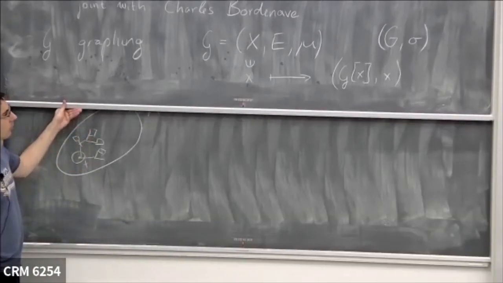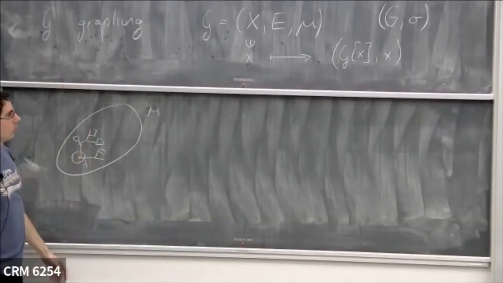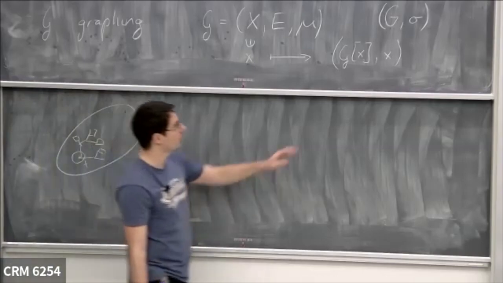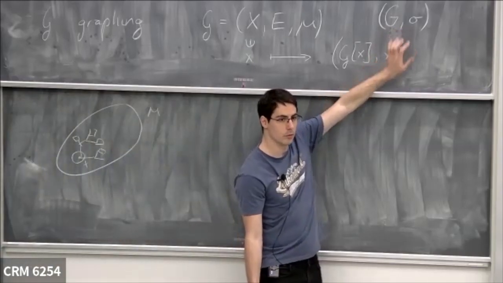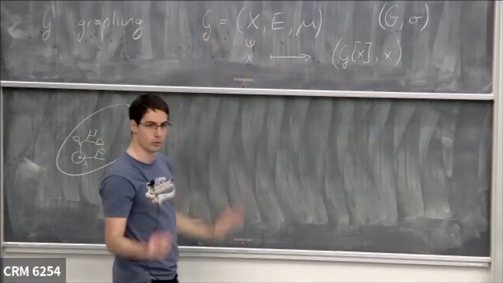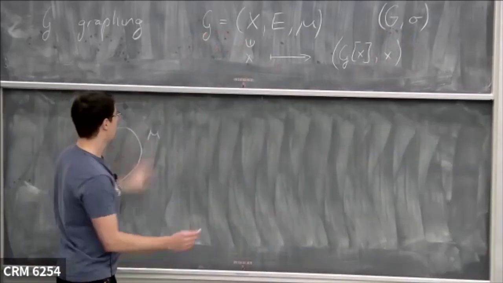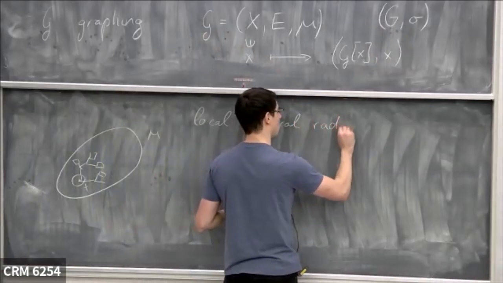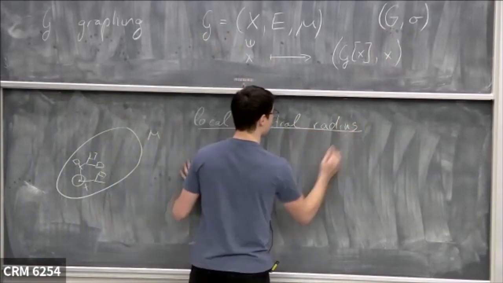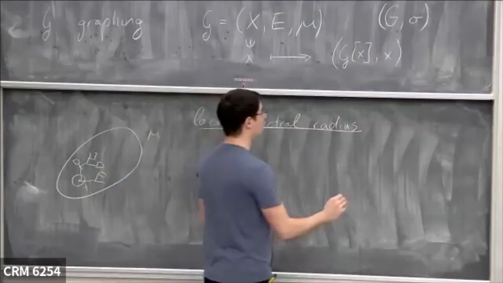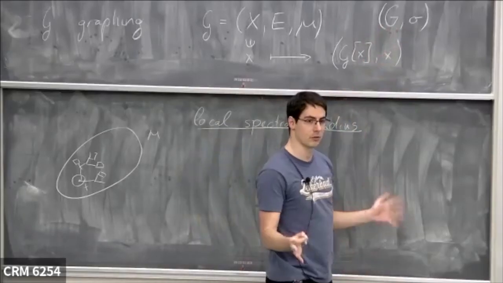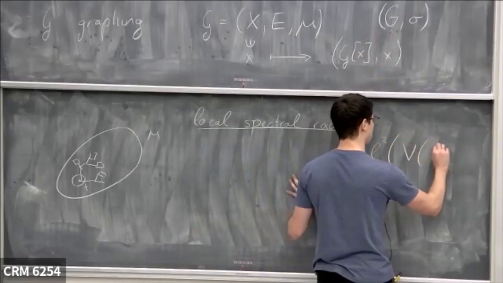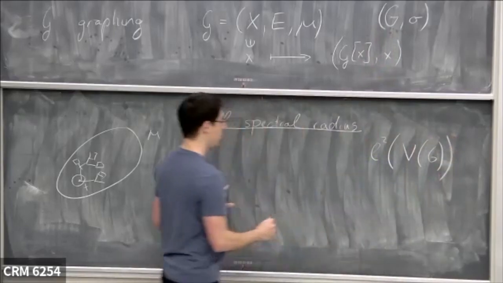Okay. And so when I talk about local and global spectral radius, I will be thinking about this as the local information and this as the global graph. So what do I mean by local spectral radius? The natural space to work with, if I have this countable connected component, is the little L2 space of the vertices of G. And I have a Markov operator here.